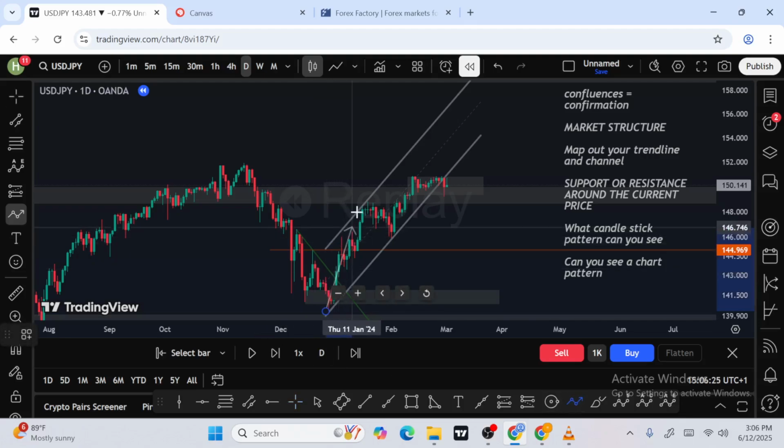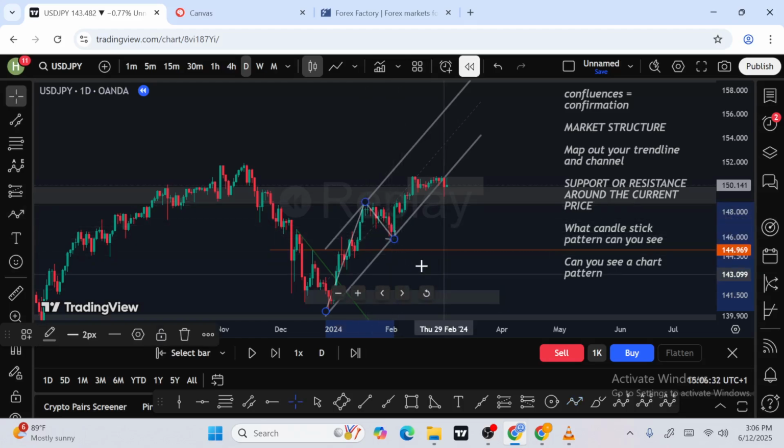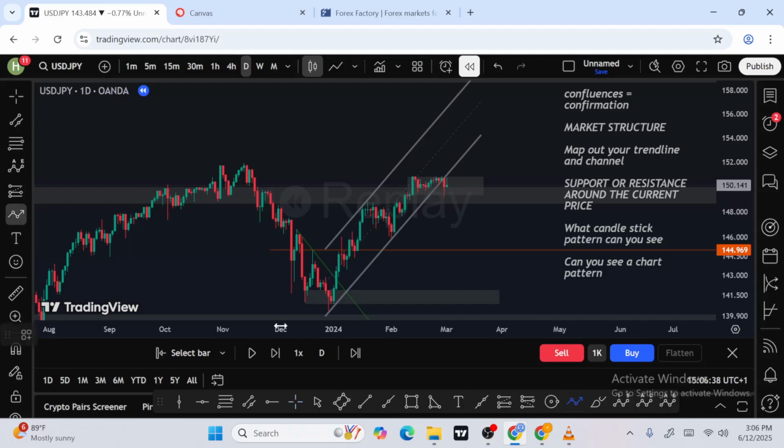From here to here, higher high, higher low. Is it correct? Okay, let's start from here. From here to here, higher high, higher low, higher high, higher low. Are we not getting it now? Higher high, higher low, higher high.